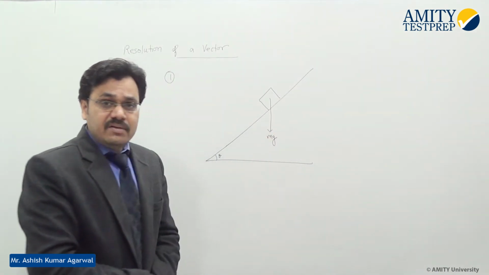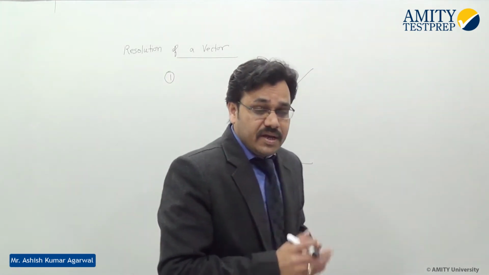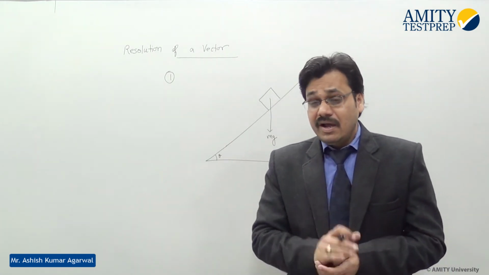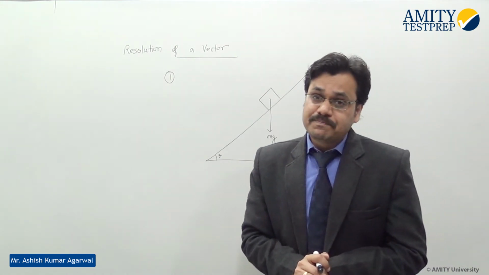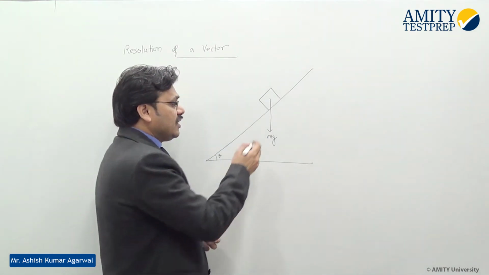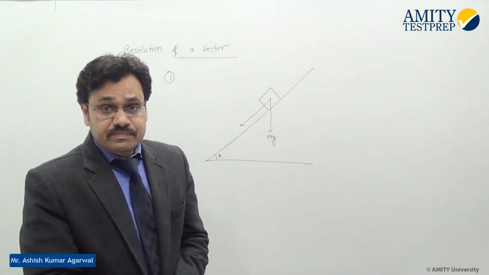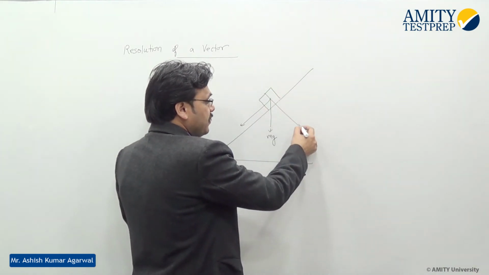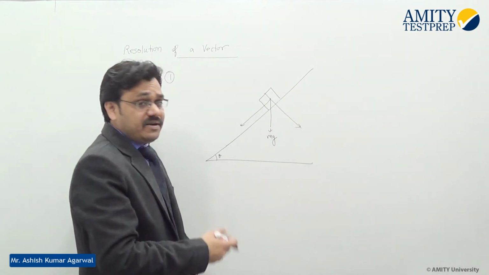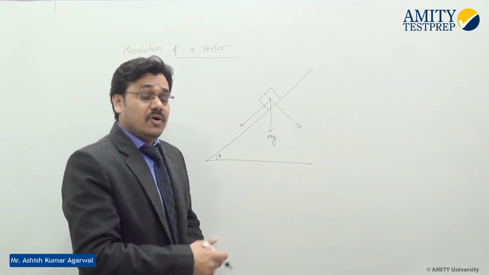In this problem, you have to find the resolution of weight along the plane and normal to the plane. You have to consider two perpendicular axes. Here, clearly one axis is along the plane where the body can move, and another one is normal to the plane, this way. So first of all, you have to find out the angle with either the plane or the normal to the plane.